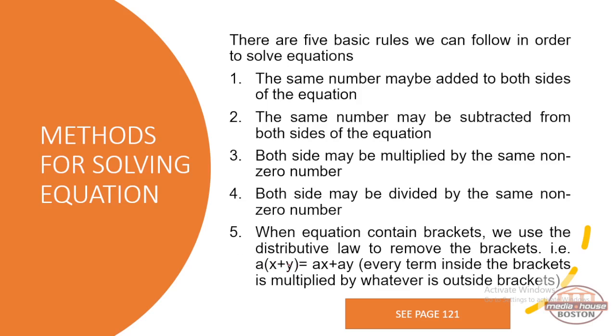This can be expressed as ax plus ay, meaning that a multiplies x, and a also multiplies y. And given the values, if they are both negative, the sign will change to positive, and if one is positive and one is negative, the sign will still be negative.